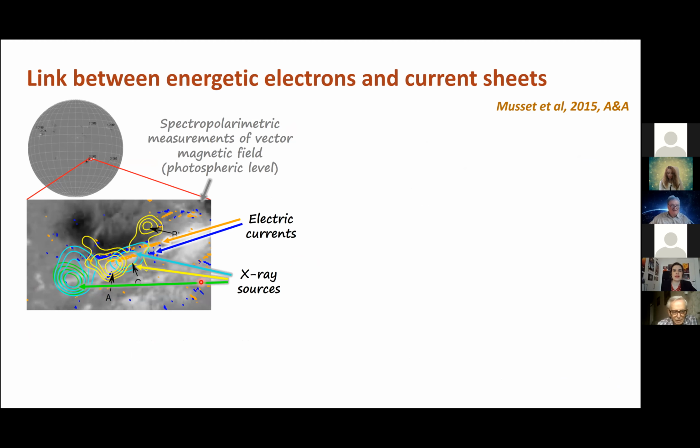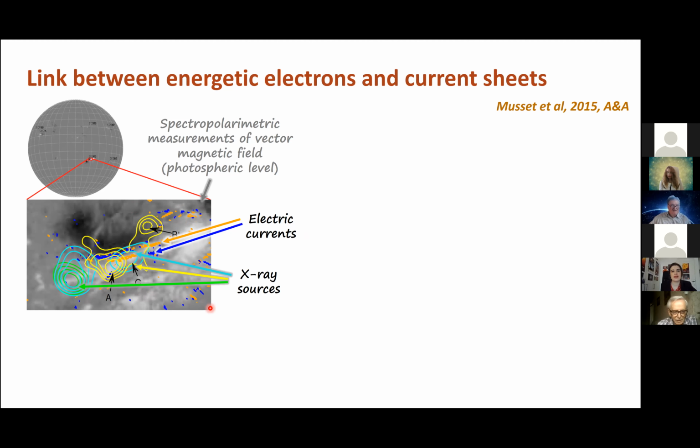This is an example of an observation of the magnetic field in grayscale here. And because we have the whole vector magnetic field, we can also calculate the current density, which is represented as blue and orange dots here. These are the places where we have enhanced electric currents at the surface.